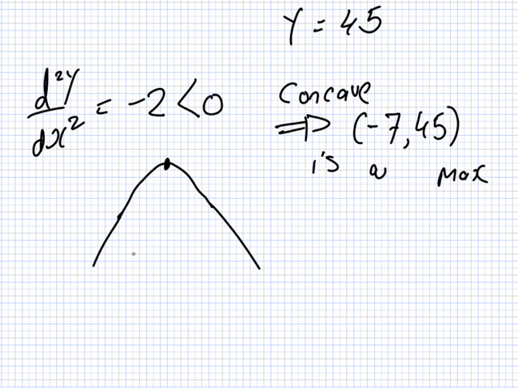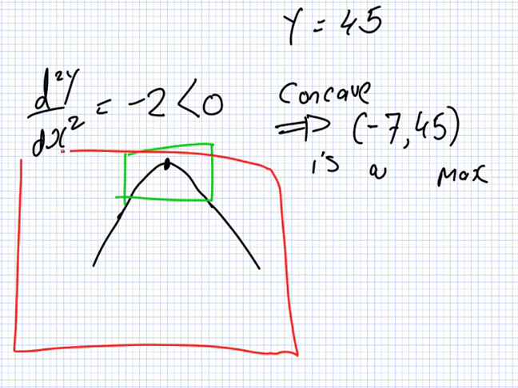Is there any point higher than this? No. Now you said it's a local max. Yes, true. It's still local max. It's still the maximum in this kind of neighborhood. But if I was to look at the whole graph from minus infinity to infinity, is there any place higher than this? No. So in fact it's also a global max as well.